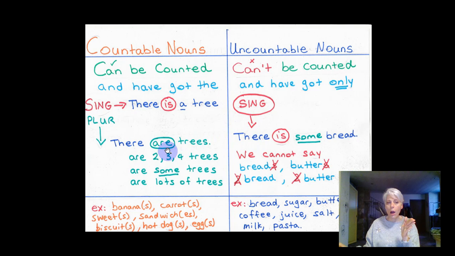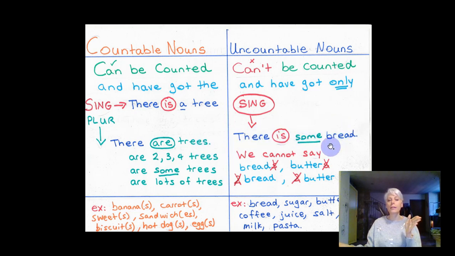There are 2 slices of bread. Or there are 2 cups of coffee. There are 4 glasses of milk. So if I want these words to become countable, I must divide them into cups, slices, glasses.